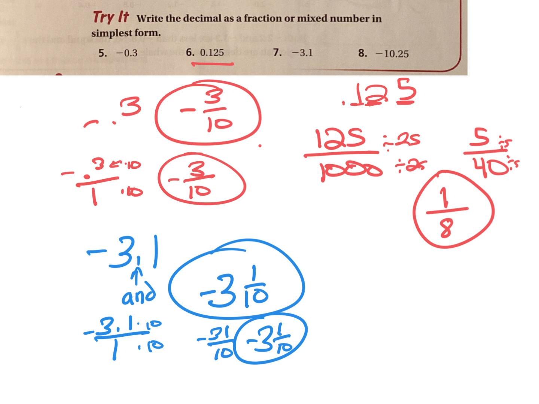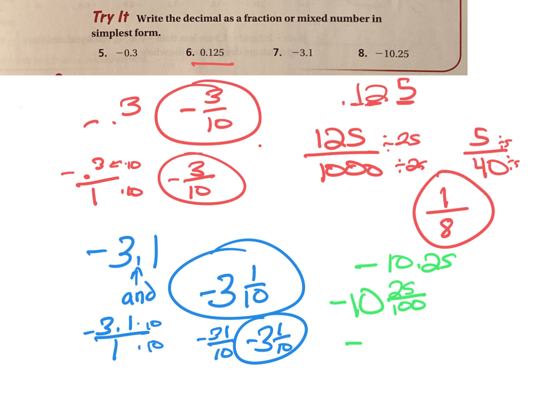Okay, now we have 8, which is negative 10.25. So I know I'm going to have a negative 10 as my whole number. Then I just have to have 25 as my fraction. And it's 25 hundredths, so 25/100. But that 25 and 100 can be simplified. Divide each side by 25.